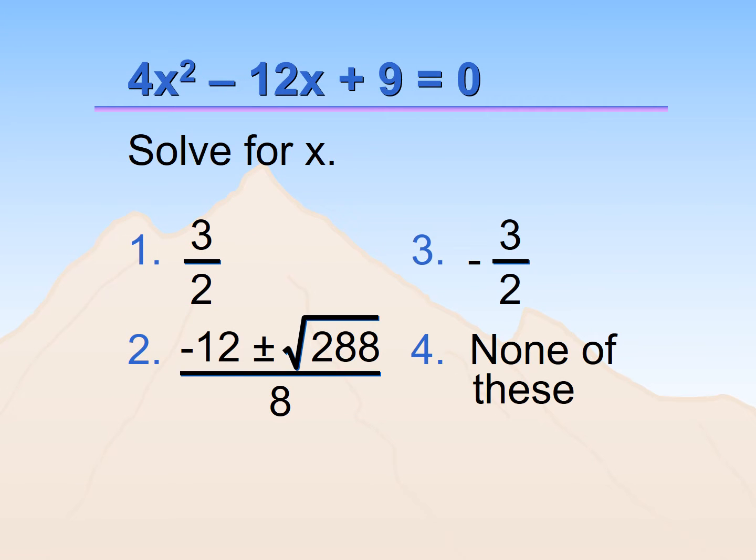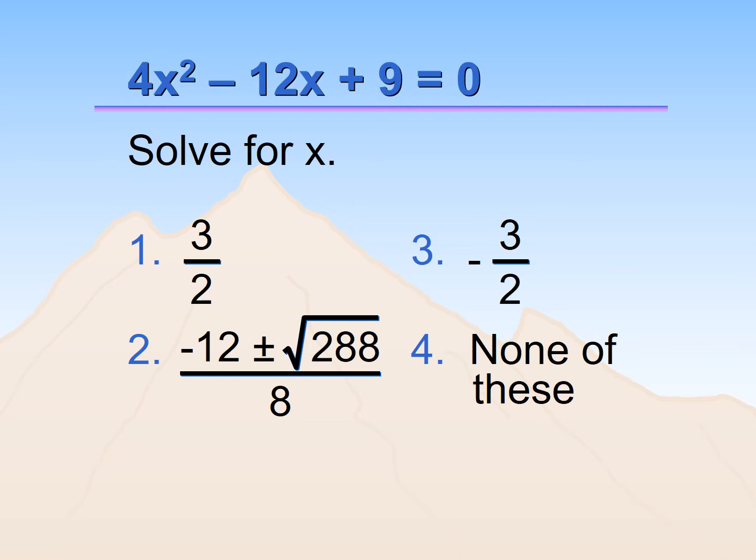Let's do some practice actually following through on the quadratic formula. So now we have 4x squared minus 12x plus 9. So go ahead and see if you can solve it for yourself. A clue that I'm going to give you is that your a is 4, your b is negative 12, and your c is 9.